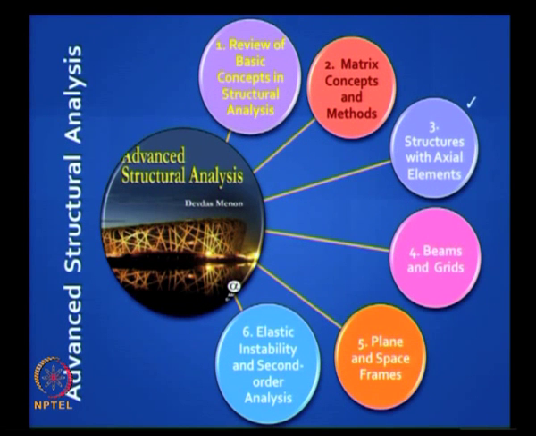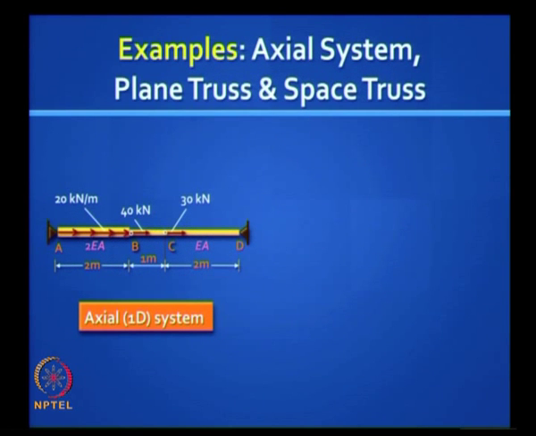All this is covered in this chapter on structures with axial elements in the book that I wrote called Advanced Structural Analysis. For a full understanding, you must necessarily refer to the book, because these topics take time to sink in, and you need to go back and refresh your understanding.